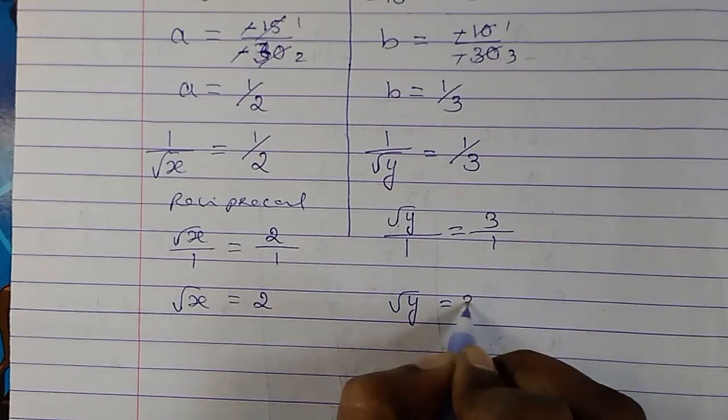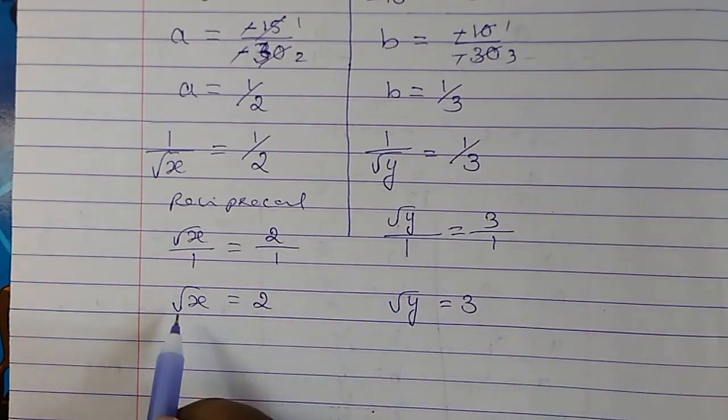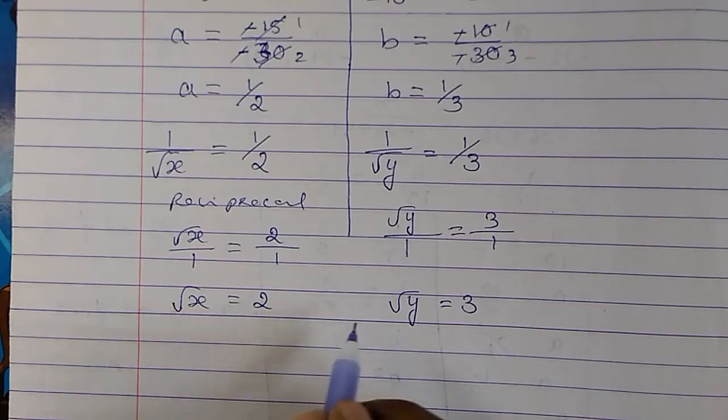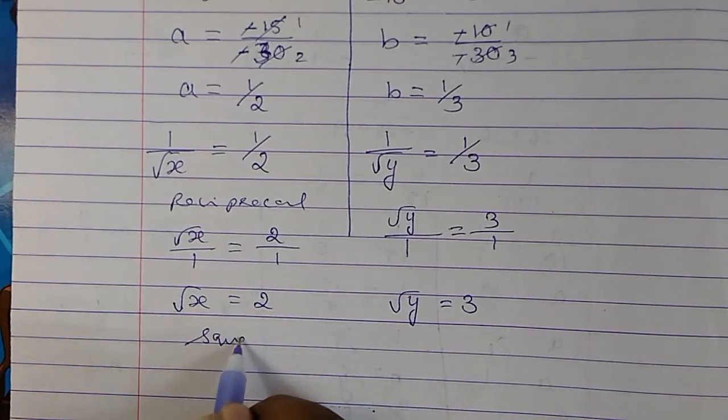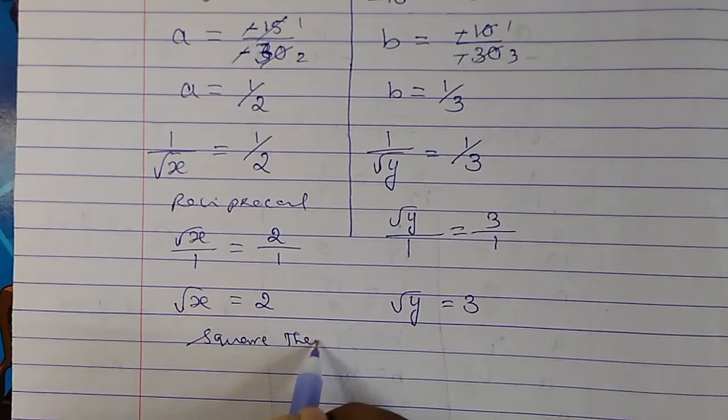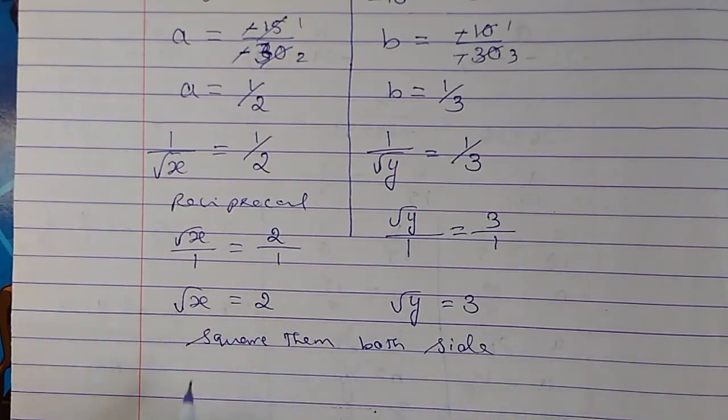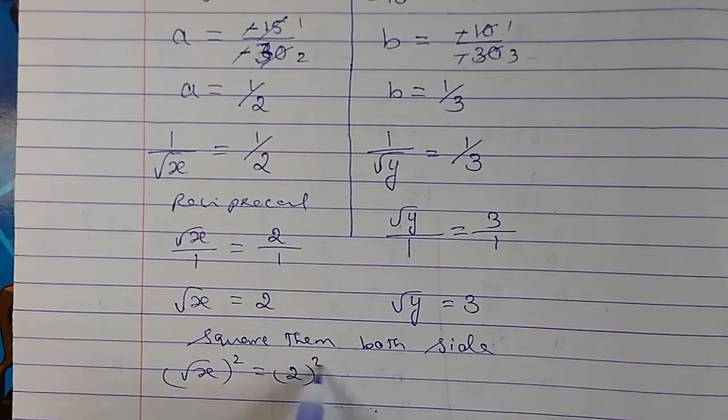Now we don't want root x value, we want x value. So what we will do, square them both sides. So when we square, root x square, 2 square.